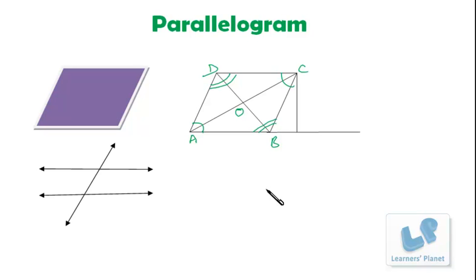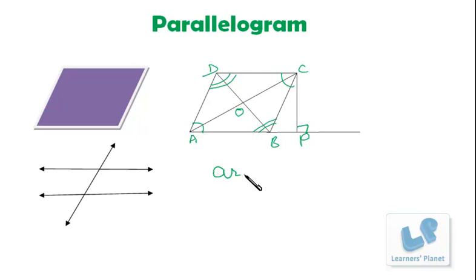Now, if we talk about the area of a parallelogram, then it will be base into altitude. Here, the altitude is this. Suppose it is point P. So this is the length of altitude, that is CP. And base we can consider either CD or AB, because the length of AB and CD will be same.